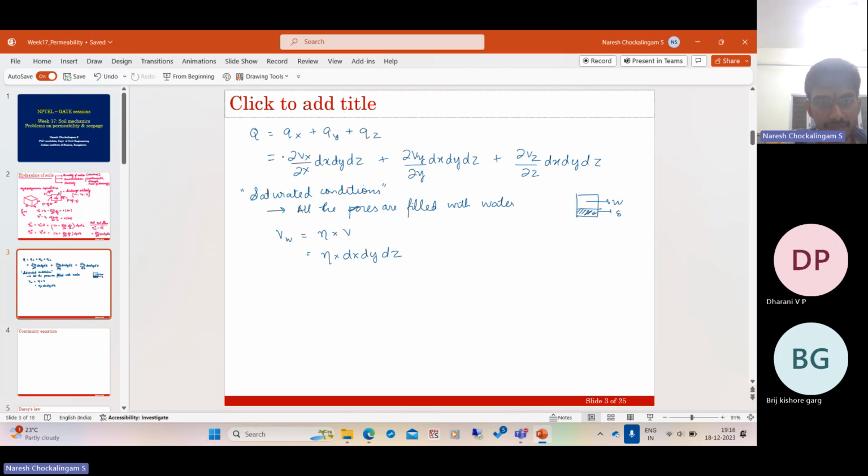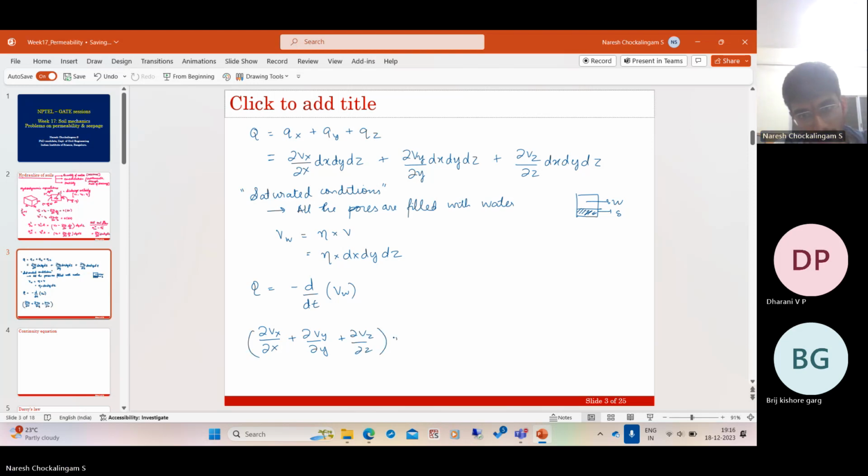Now it is decreasing. So if this is the net outflow, it should be equal to minus the rate of change of the volume of water inside that cube. So here finally we have the equation as partial Vx with respect to x, plus partial Vy with respect to y, plus partial Vz with respect to z, into dx dy dz is equal to minus d by dt of VW.